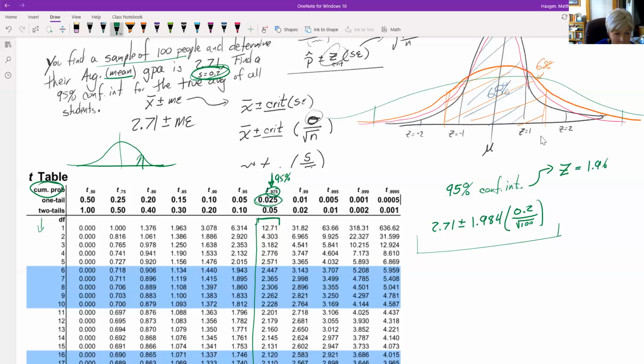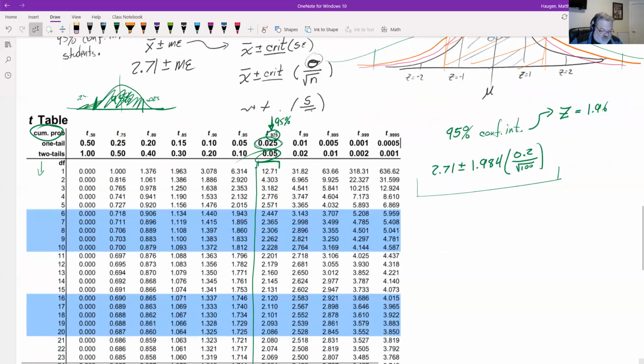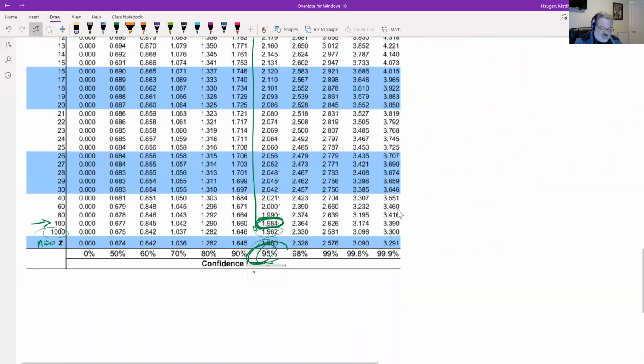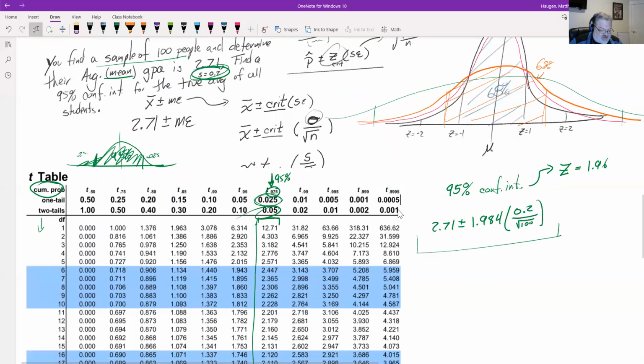That's because that's the cumulative below that tail size of 0.025. And the tail size of 0.025 means the two tails together are 0.05, which is the central 95%. And again, if you go to the bottom of that column, it's that 95% confidence level. It's just old-fashioned notation for it, and it's frankly really irritating.